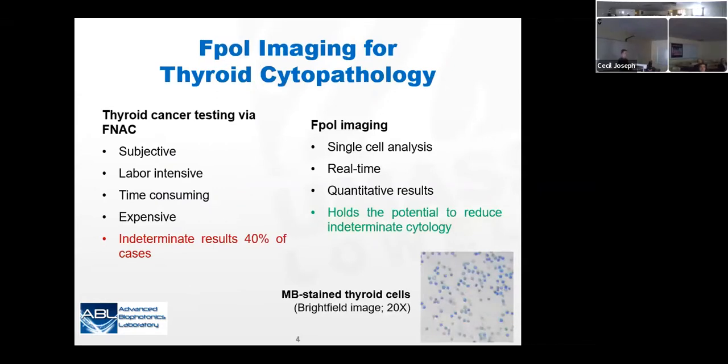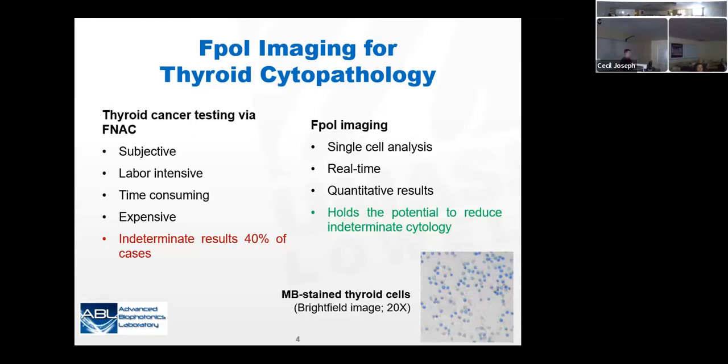So as mentioned, the current standard of care for detecting thyroid cancer is fine needle aspiration cytology. Thyroid cancer is an interesting disease because unlike other malignancies like say breast or colon cancer, thyroid cancer diagnosis requires fine needle aspiration cytology and cellular level diagnosis as compared to core biopsy and histopathological diagnosis preoperatively.